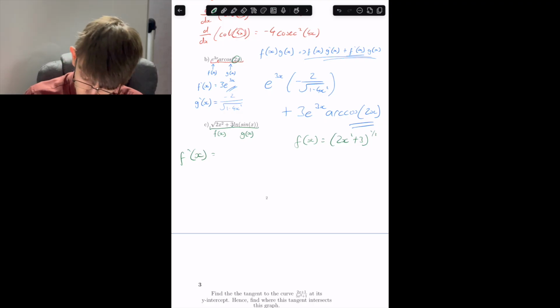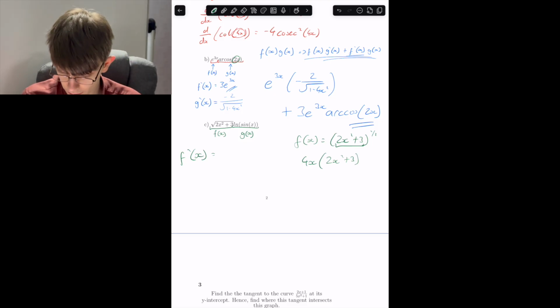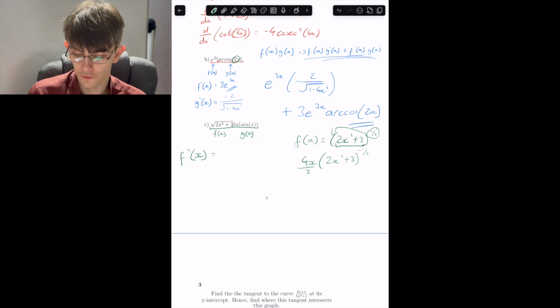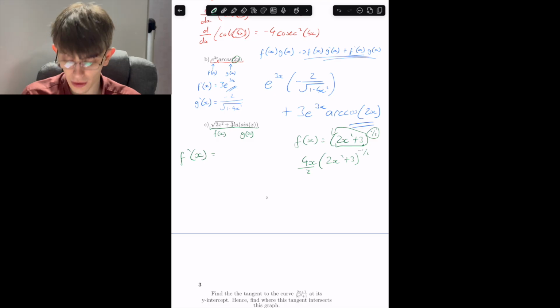The chain rule in general, we take the derivative of the interior. So the derivative of 2x squared plus 3 is just 4x. And then we put it outside the total thing differentiated, meaning we want to take that 1/2, bring it down in front, and then reduce that power by a half. So I end up with 4x over 2 times 2x squared plus 3 to the minus a half.